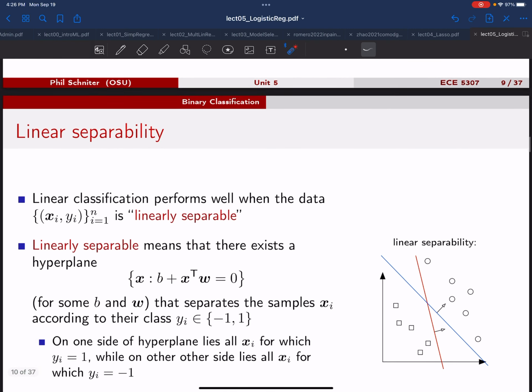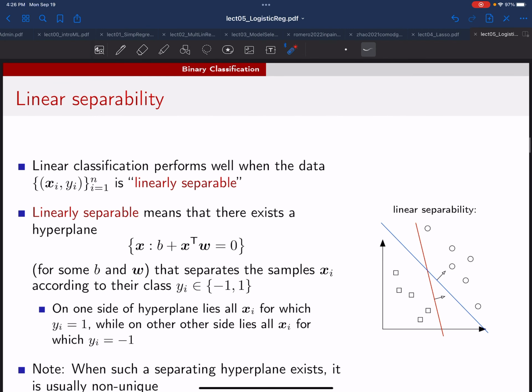Okay, let's talk a little bit more about the separability. As we've been talking about, when a data set is linearly separable, so this is something about the data set, the data set is linearly separable, it means that there exists some hyperplane that separates the samples according to their class perfectly.